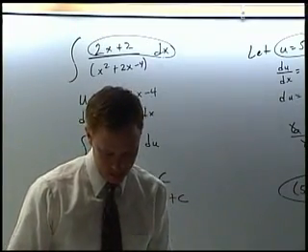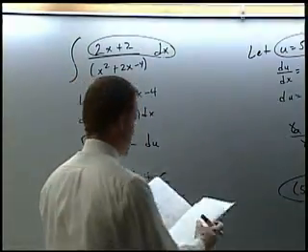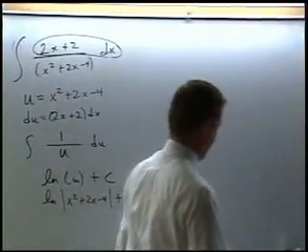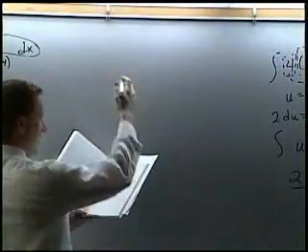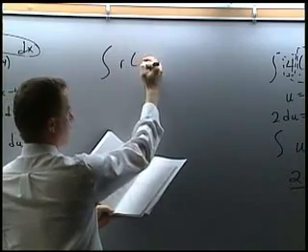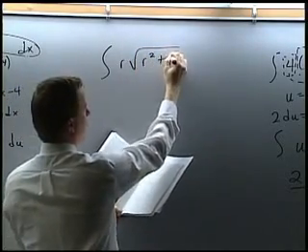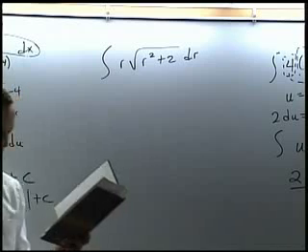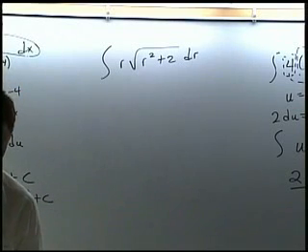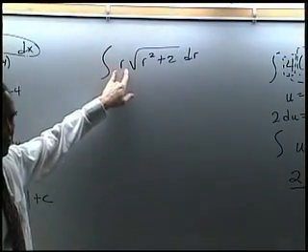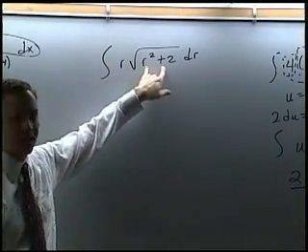All right, good. What about this example here? The antiderivative of r times the square root of r squared plus 2 dr. As I look at my two functions, I'm calling r the first function, and all this the second function.